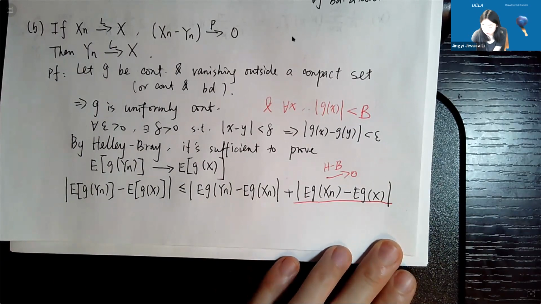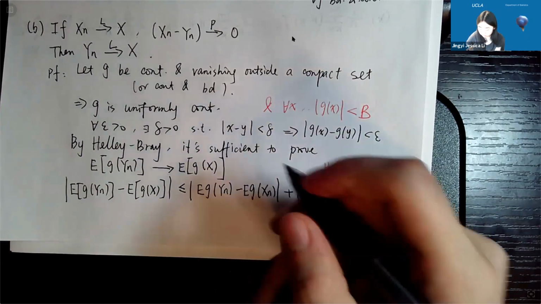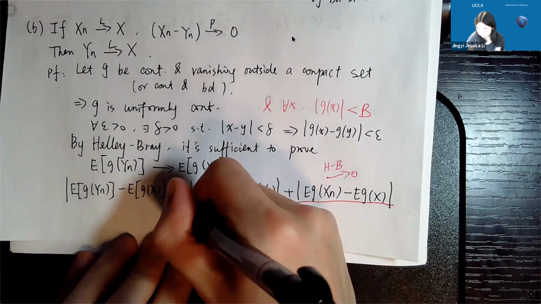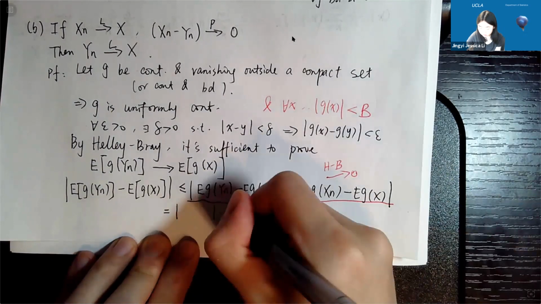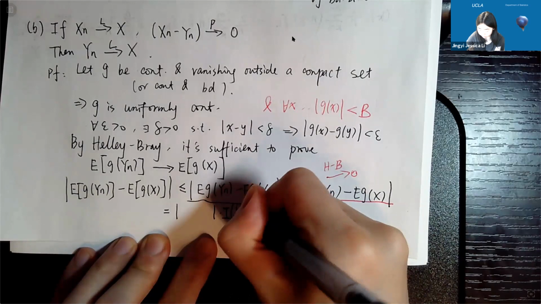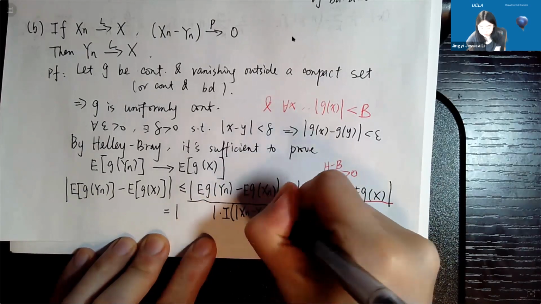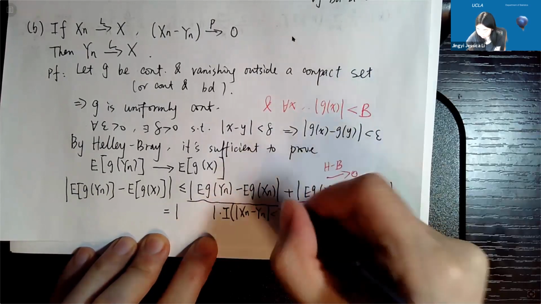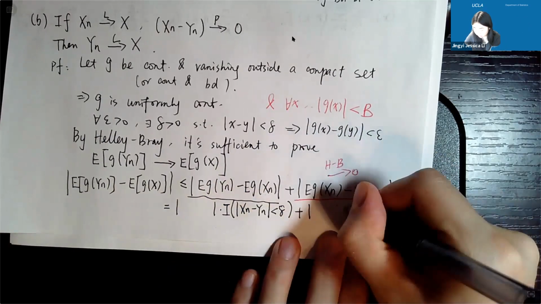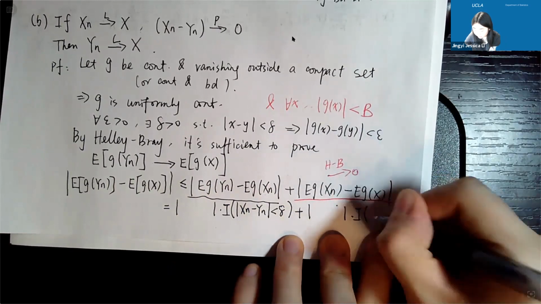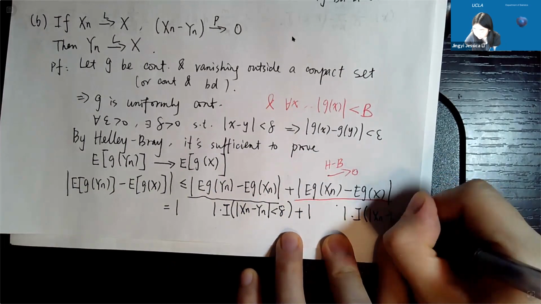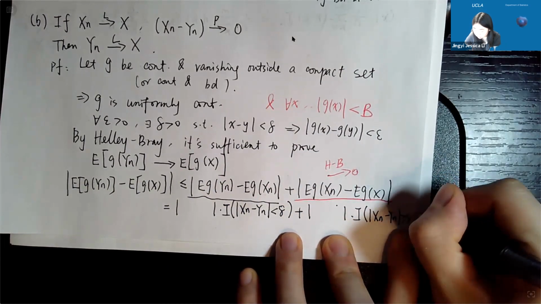So for this term, I can write it as this times the indicator that Xn minus Yn is less than delta, plus the same absolute value times the indicator that Xn minus Yn is greater or equal than delta.